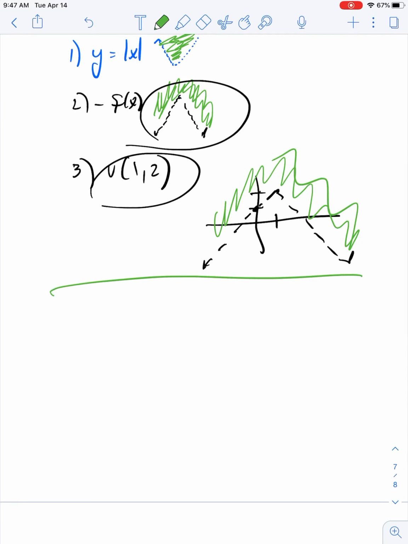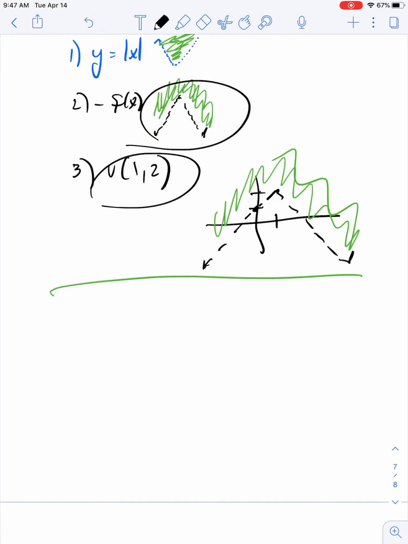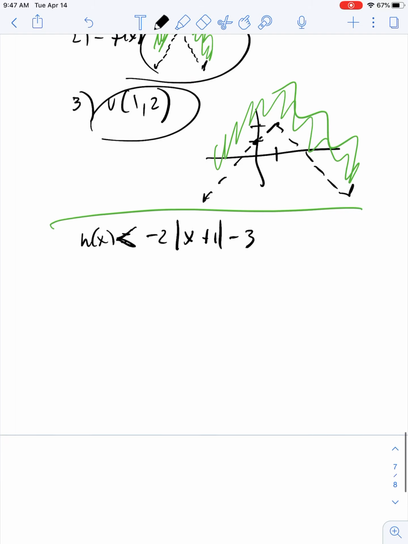I'll do one more example here and we'll call it quits. All right, so let's say we have h of x is less than -2 times absolute value of x plus 1, minus 3. So 1, my parent graph, absolute value of x. So this would be a dashed line because there's no equal sign there.